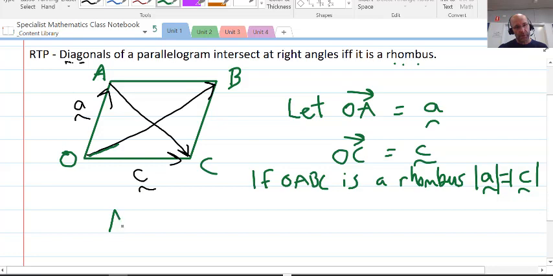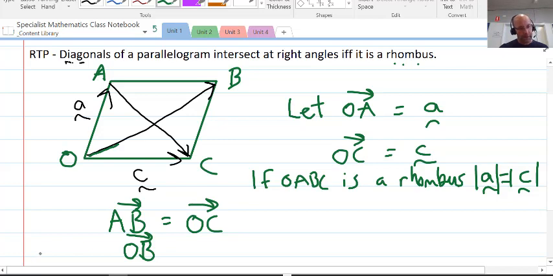So I'm going to write down a relationship, vector AB is equal to vector OC. Geometrically, it is the same. So that geometric statement can be made. OB, that's a diagonal, so that's why I'm writing that.